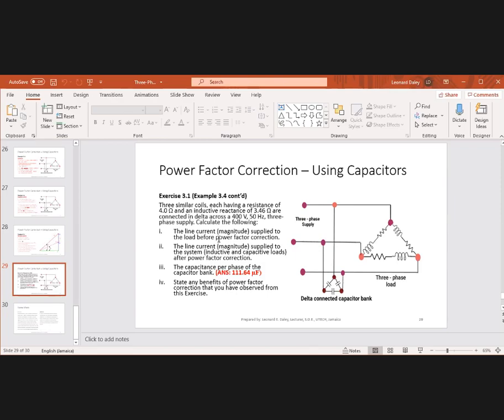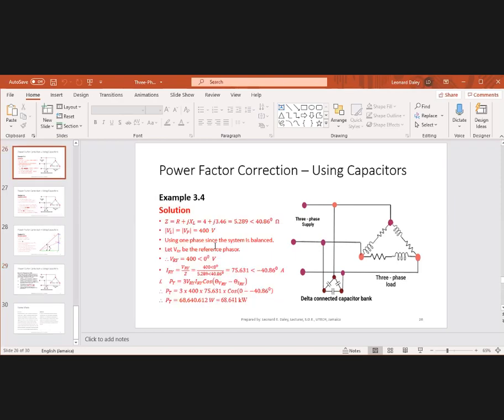All right, so I want everybody to understand it. Since it's a balanced load, there are 3 similar coils, right? So the load in each phase is the same, right? So the phase currents all have a particular magnitude. Let's say the magnitude is 10. I don't remember what it was for the phase currents. Oh yeah, I can go back. Yes, sir, 75.63. Right, so the phase currents were 75.